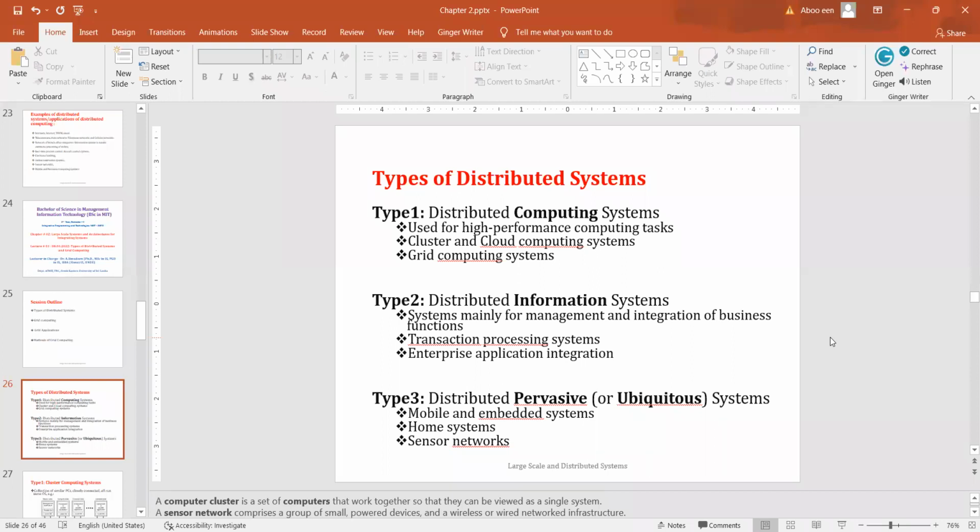Basically, smart devices, handheld devices and embedded devices. We call it distributed pervasive systems. So for the industrial and special task and smart device requirements, based on these three kinds of requirements, we can classify the entire distributed systems into three major types.